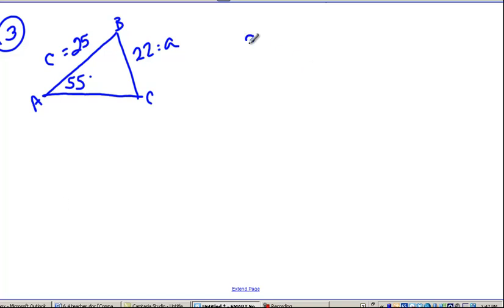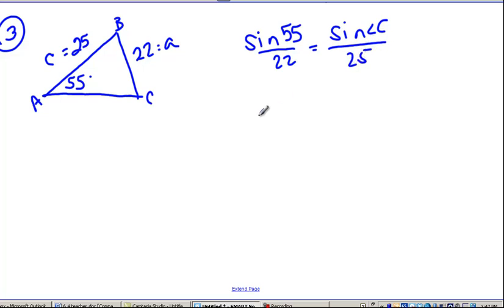Okay, we are going to do law of sines again. Cross multiply, divide, and you get the measurement of angle C is 68.57 degrees. Okay, so we know that that is one answer.